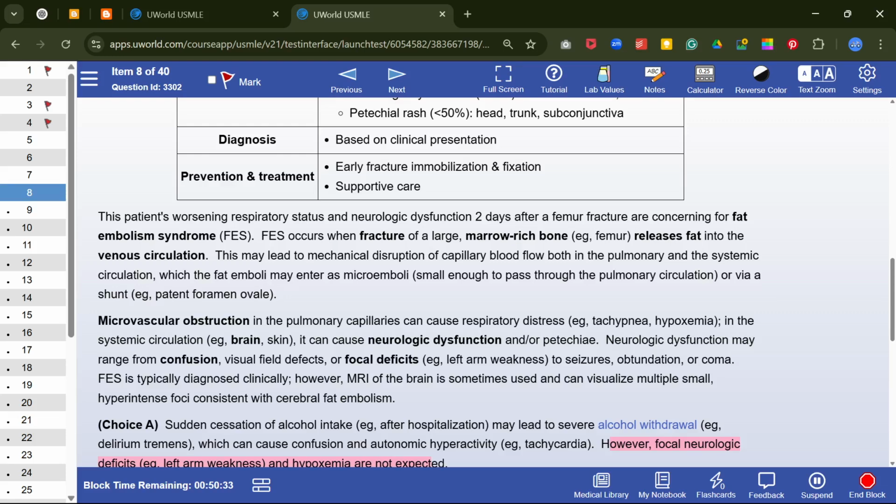Neurologic dysfunction may range from confusion, visual field defect, or focal deficit, such as left arm weakness, to seizures, obtundation, or coma. Fat embolism syndrome is typically diagnosed clinically. However, MRI of the brain is sometimes used and can visualize multiple small hyperintense foci consistent with cerebral fat embolism.